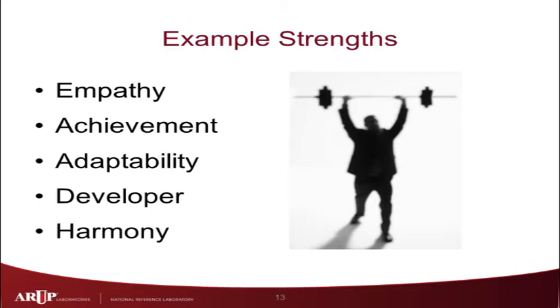Here are some example strengths: empathy, achievement, adaptability, developer, harmony. Let's say I have the strength of empathy. If I don't have the strength of empathy, I can probably work on it, but that may not be as simple to develop as learning how to manage budgets and handle disciplinary actions with my employees.